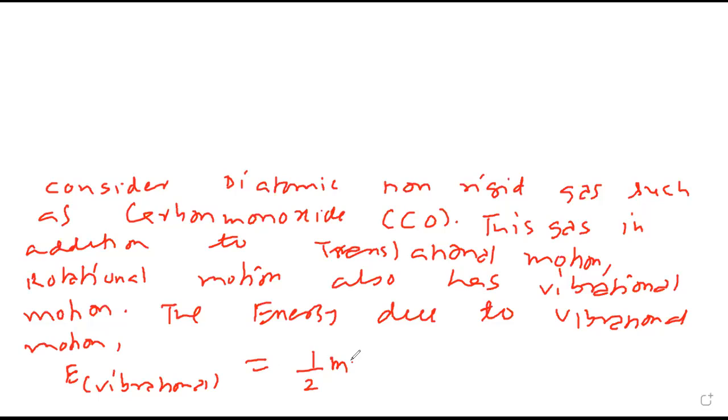So half mv square plus potential energy, which, if you remember, is half k x square. Oscillation means half m omega square x square. This is k. So I can say half k y square because it is vibrating along y. So how many square terms do you have?